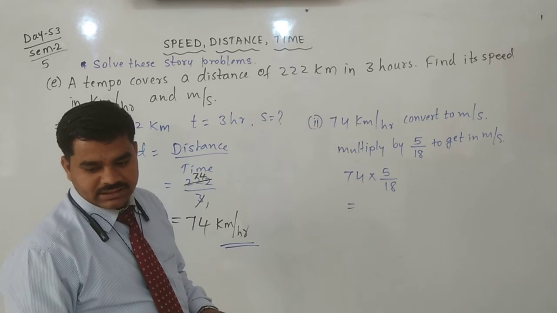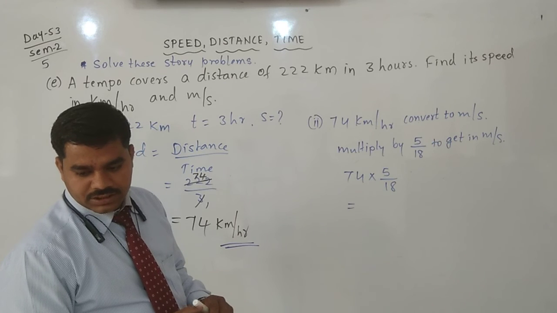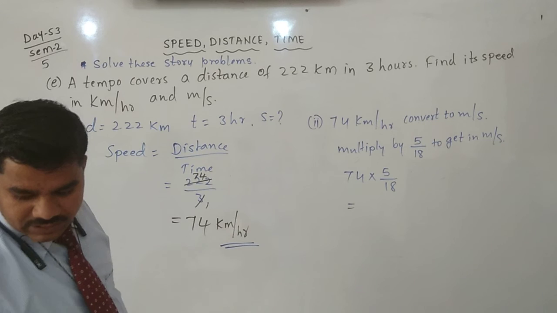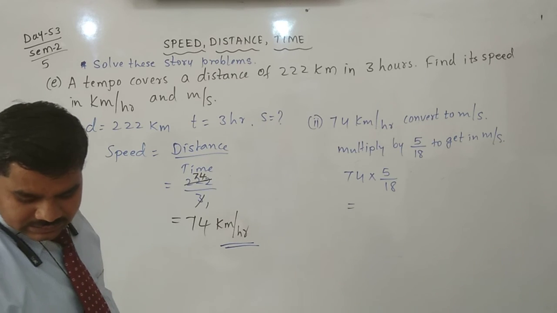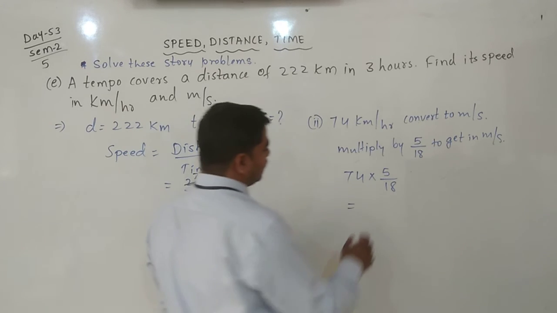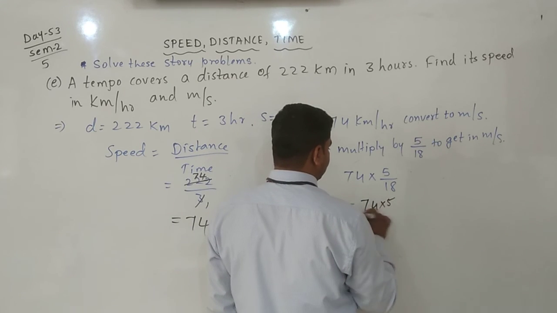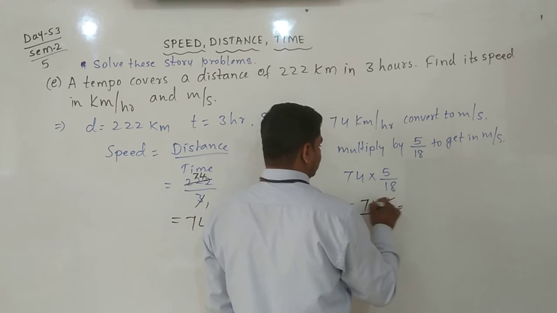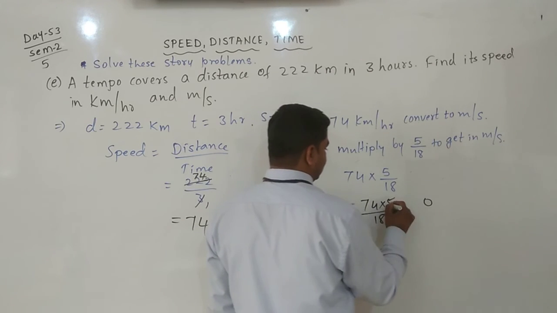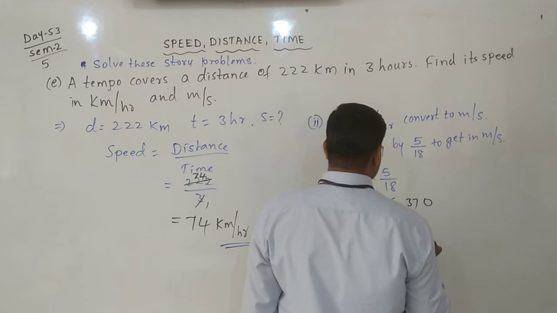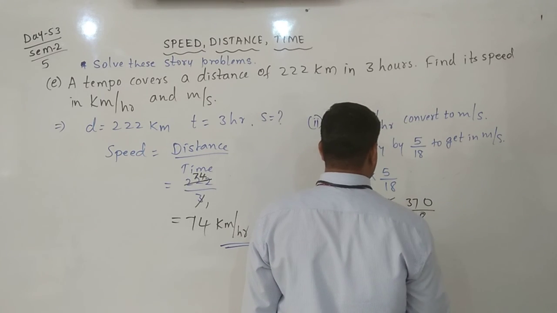We can calculate 74 into 5. 4 5s are 20, 2 carry, 7 5s are 35 plus 2, 37, so 370 by 18.